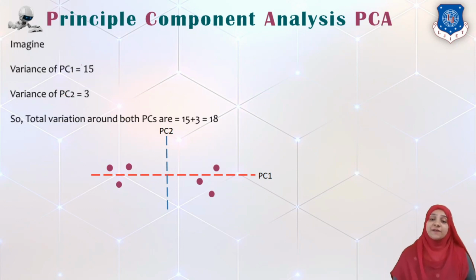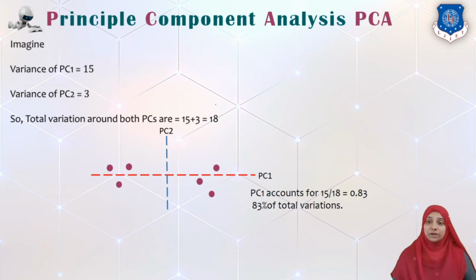Say, for example, the variance of principal component 1 is calculated to be 15. How it is calculated is complete math, and we are not going to look into the detail of that. Just look at the values and the deductions made from them. Variance of PC2 is, say, 3. So the total variation around both principal components is 15 plus 3, equal to 18 units.